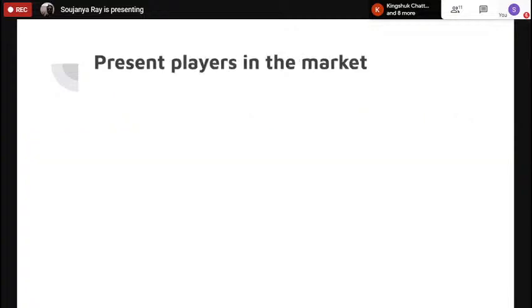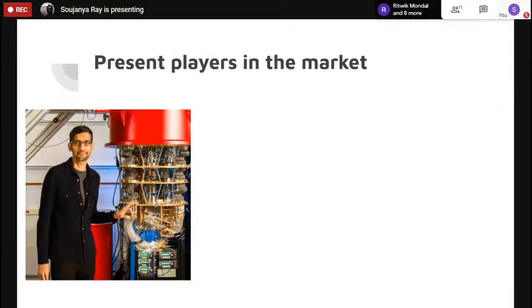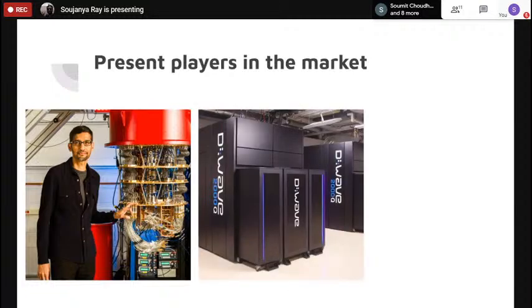So right now, what players are there in the market? The current market of quantum computing has Google, as you have heard in the news of Google achieving quantum supremacy, I think in 2019. Then we have D-Wave. The D-Wave system uses adiabatic quantum computing, and it is the only company in the world selling quantum computers to its customers right now.